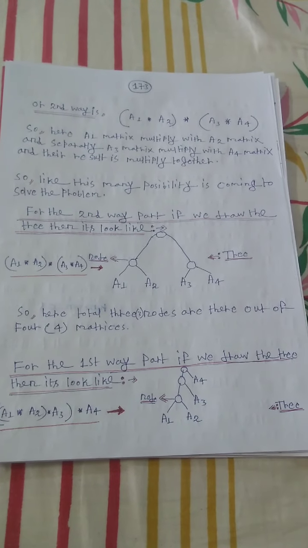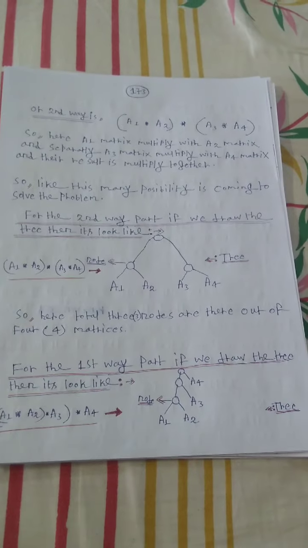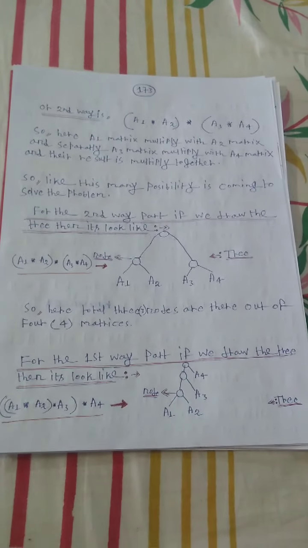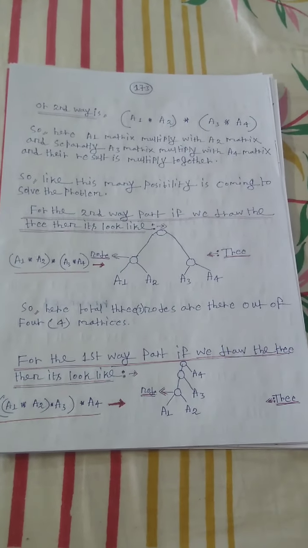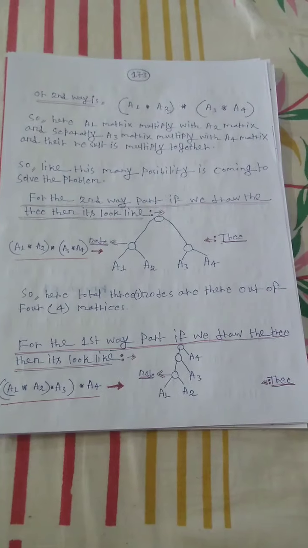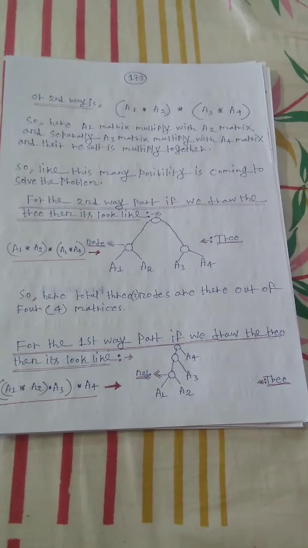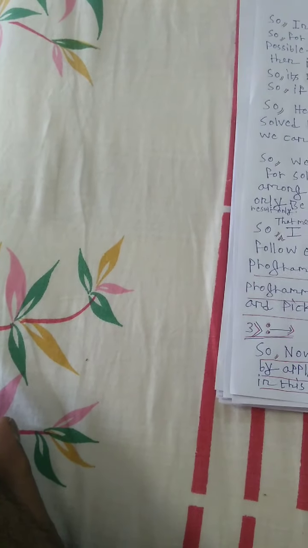So like this many possibilities come. If we draw the tree for the second way, it will look like this, and for the first way, if we draw the tree, it also looks like that. Here in the two ways, the same thing is there: 3 nodes will be generated.